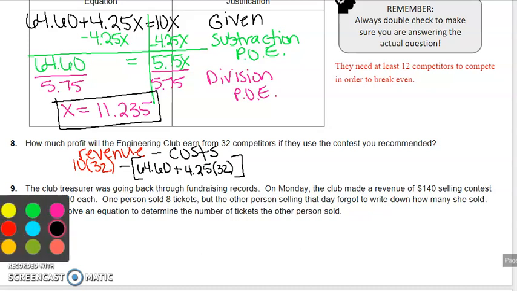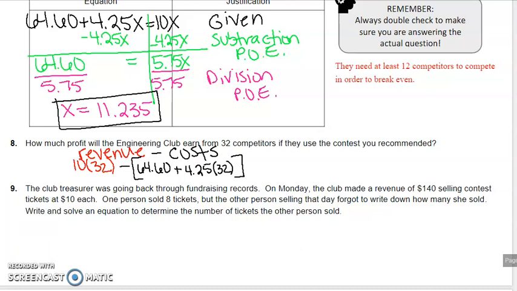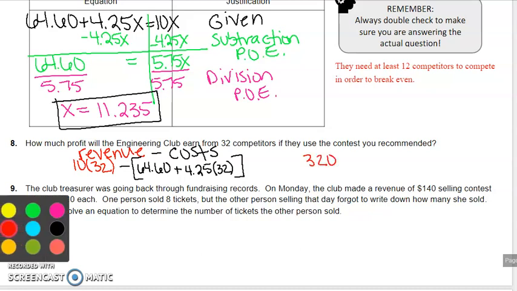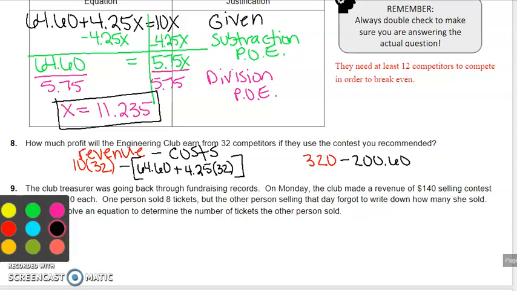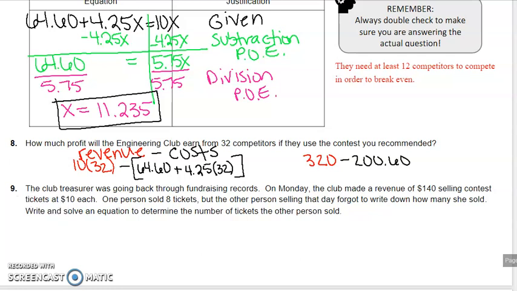So you're going to break this down piece by piece or simplify this. And let's see, 10 times 32 gives us $320 that we're bringing in, minus how much we're spending for this, which is $200.60 when we multiply and add here. So that brings us to a total profit of $79.40. So not bad. They're making a little bit of money there.